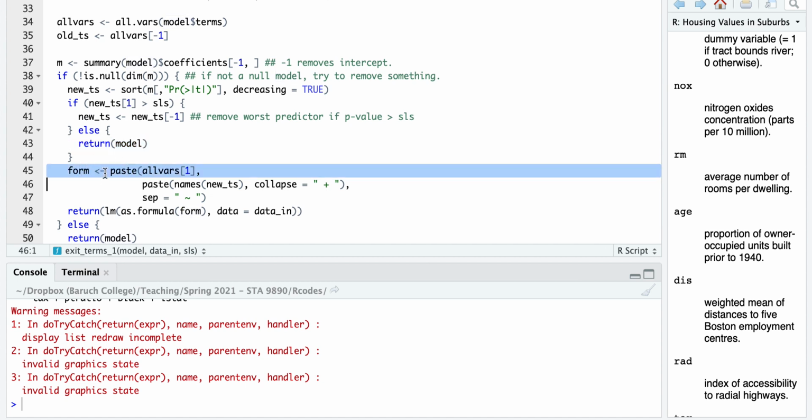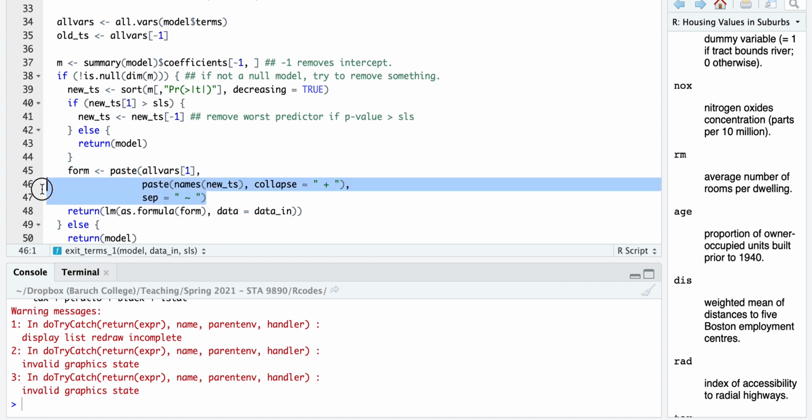But if we're not done, here we're creating this formula again that I just described, using all the variables we had. This is the response, and these are the names of the new predictors, which are separated by plus, and then the predictors put together with the plus are separated from the response with the tilde. And this will be the formula.